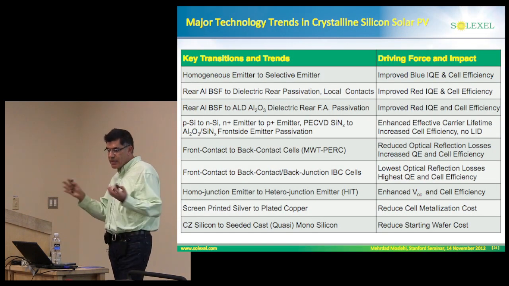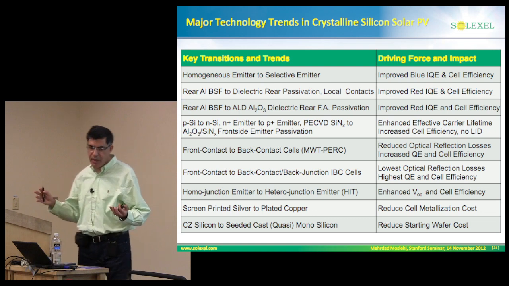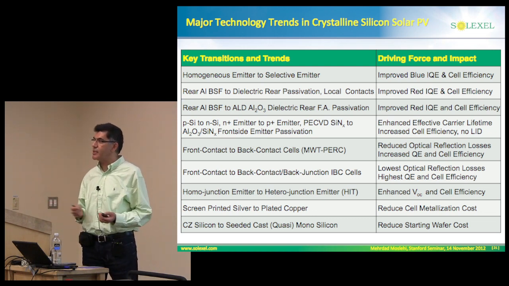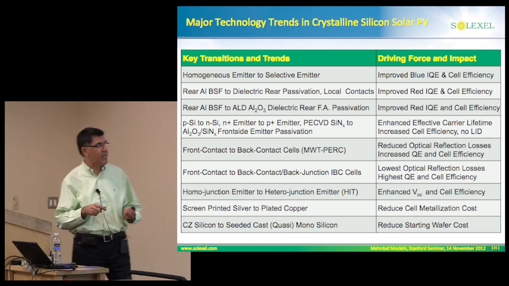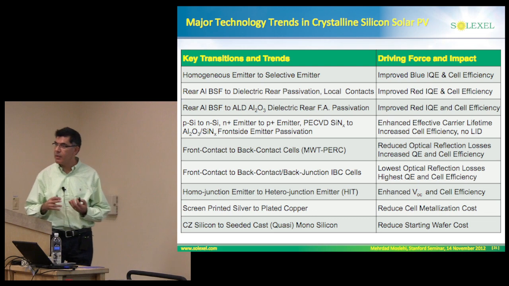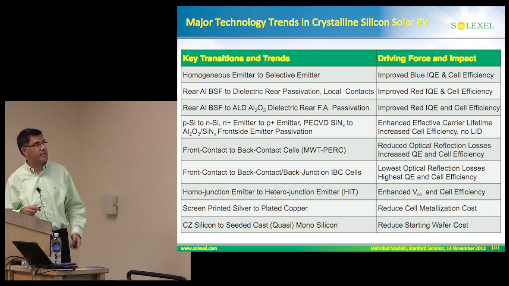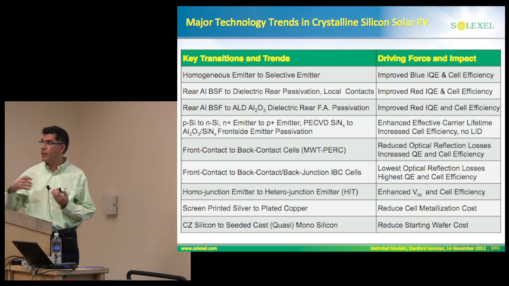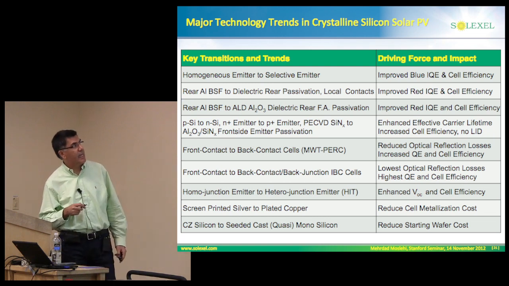Now, for the mainstream crystalline silicon technology, there are significant transitions and trends happening to enable higher and higher cell and module efficiencies. Here I'm focusing on the cell. What are the key trends in cell? For instance, transition from homogeneous emitter to selective emitter, as I described earlier.